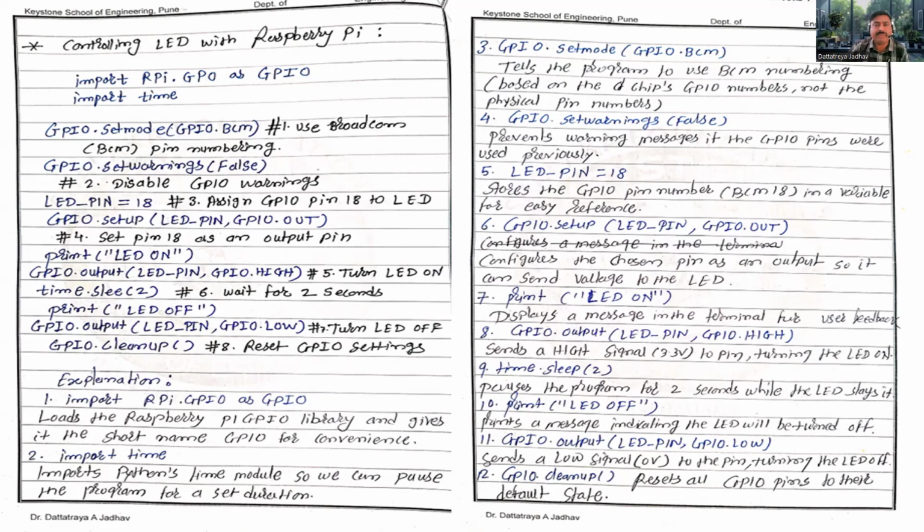So you can make some changes accordingly. Take as an assignment controlling the switch with the Raspberry Pi, and make the changes according to what I explained. For the exam, you have to write a program and explain each and every command in detail with the parameters. That is the concept of controlling an LED with a Raspberry Pi.